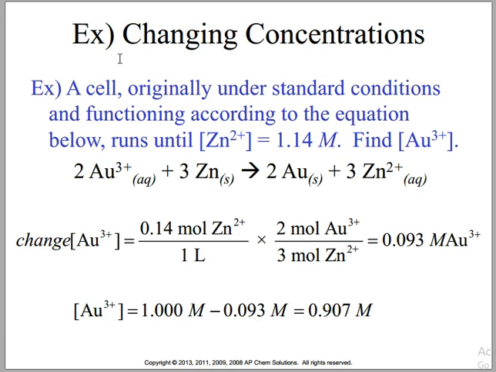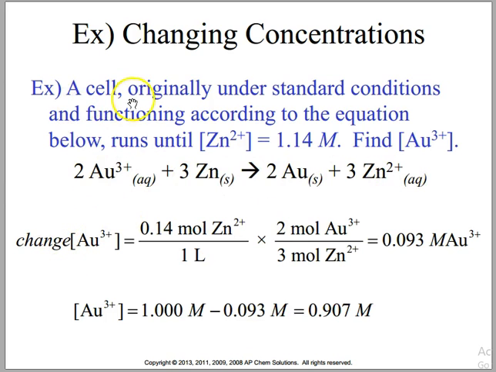So let's do a little quantitative analysis of this. If a cell, originally under standard conditions and functioning according to the equation below, gold is reduced, silver is oxidized.